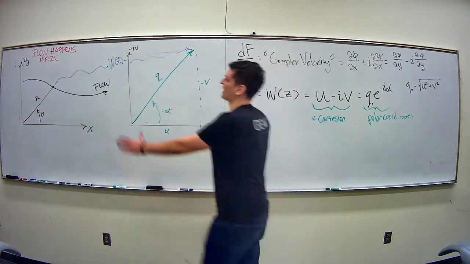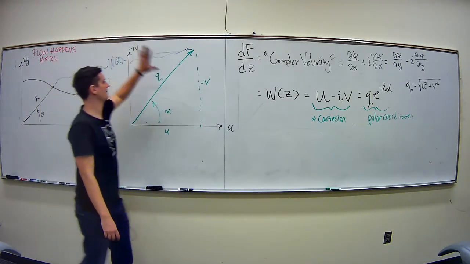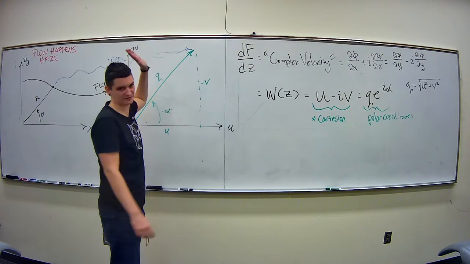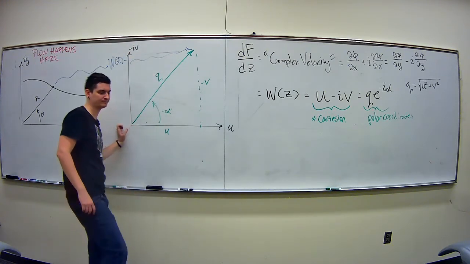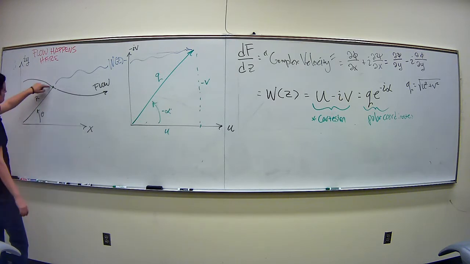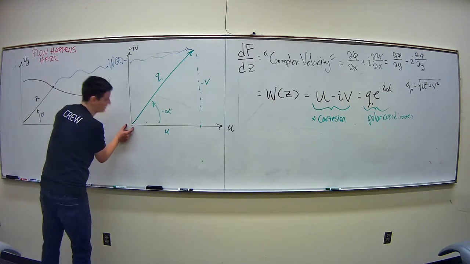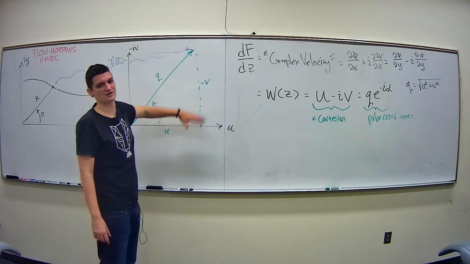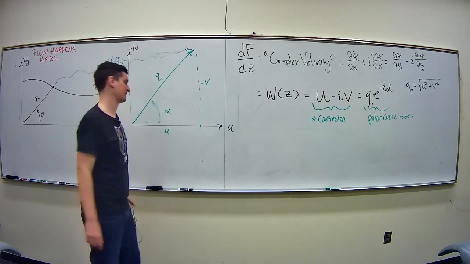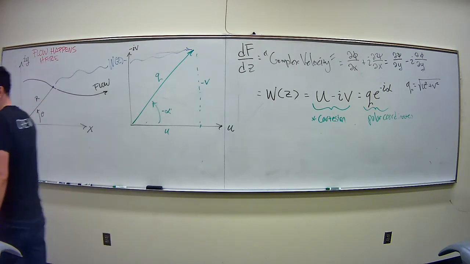So where flow's happening in this two-dimensional area, you give me a point there, I'll take that entire plane, map it here, and I can tell you where all vectors of velocity lie. They're just oriented to the base 0 right here. So you could put the velocity vector right here. What the w function does is it orients the origin of this coordinate system to this point right here, and then tells you how large and at what angle this vector, or this arrow, is. So that's what w is doing.